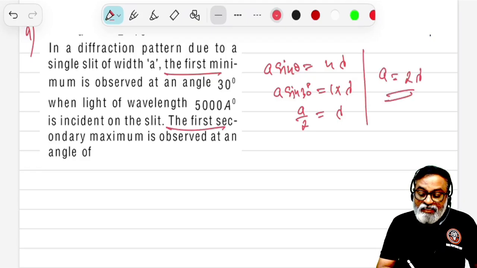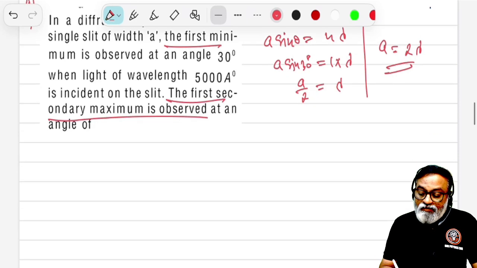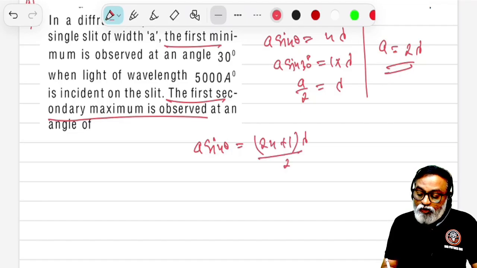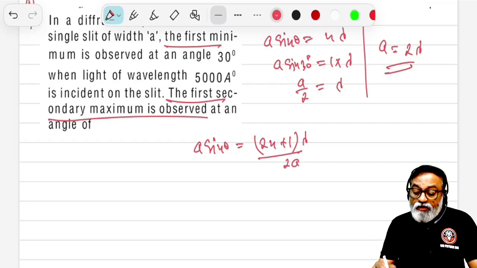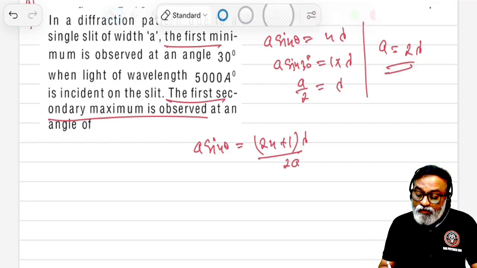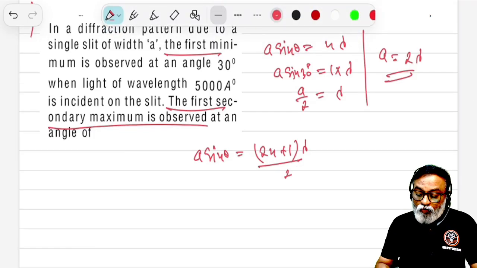Then, the first secondary maximum is observed, right. For a maximum, a sin theta is equal to (2n plus 1) lambda by 2.